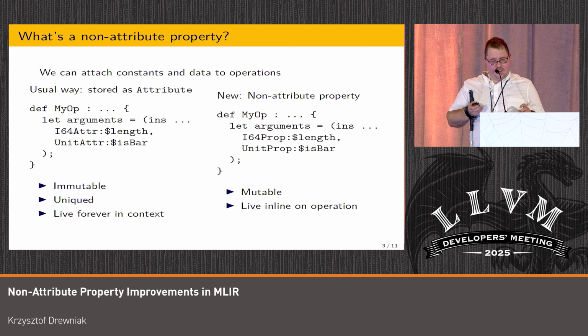The traditional method is to use attributes, which are immutable values that live in the MLIR context forever, and you store a pointer to an attribute, like an integer or a Boolean, this unit attribute, or what have you, in your operation. These are immutable independent entities. But you can also use non-attribute properties, where you just put your data mutably directly inside your operation.